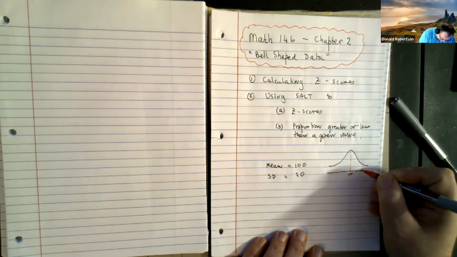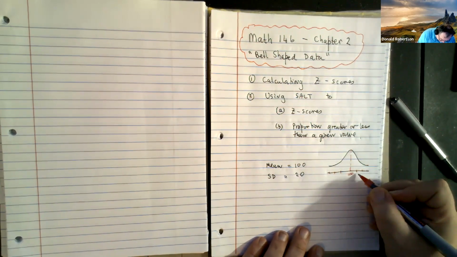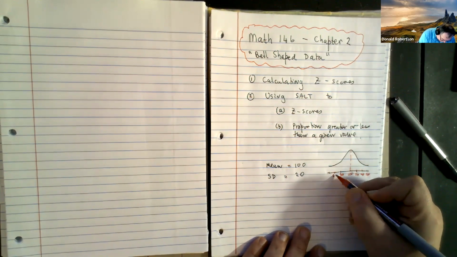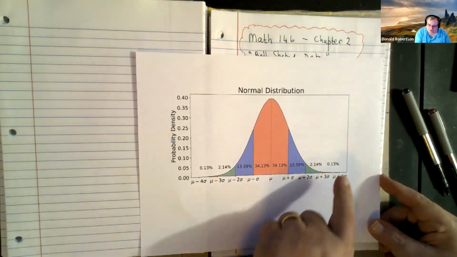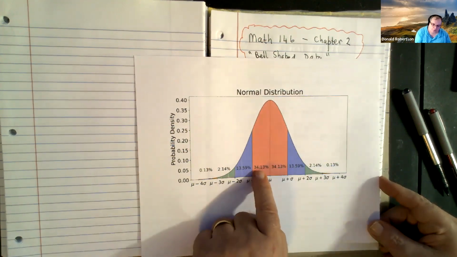And then you go 1, 2, 3 standard deviations, 1, 2, 3. And you would get numbers like 120, 140, 160. You get 80, you get 60, and we get 40. And we've got that really ugly looking table that we could use to figure out what percentage is in the last group or what percentage is these two and so on.